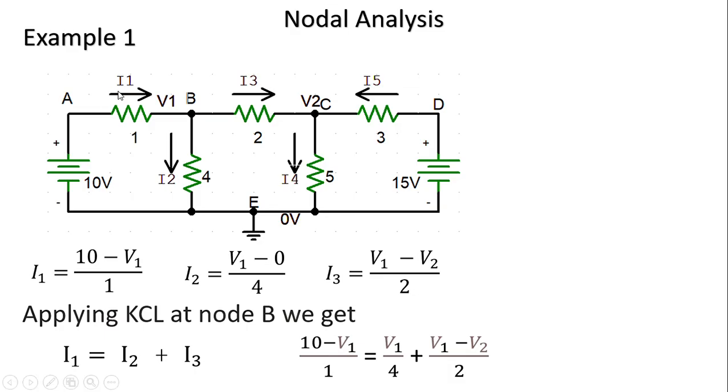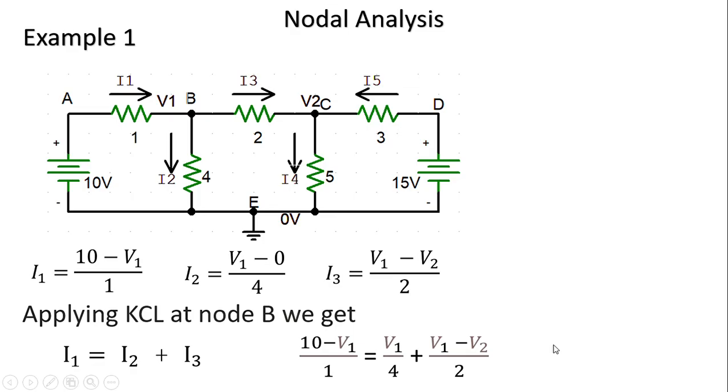So I1 is equal to I2 plus I3. We know the value of I1, so put the values of I1, I2, and I3 in this equation. We get an equation which is a function of V1, V2.